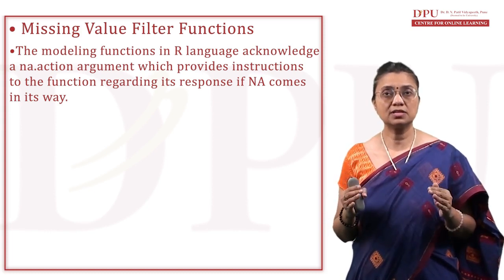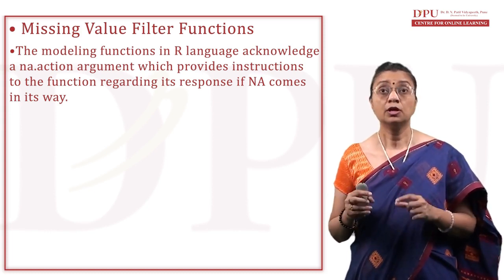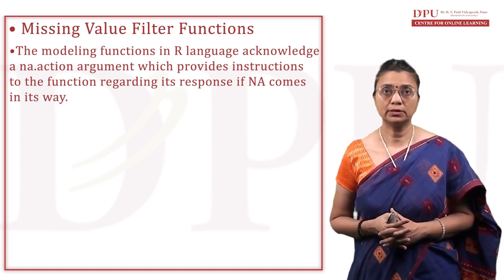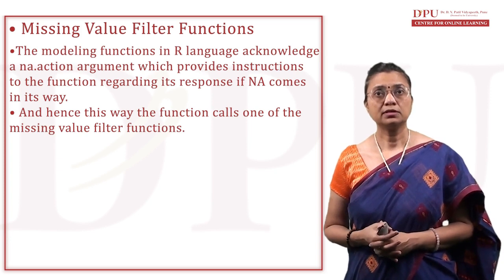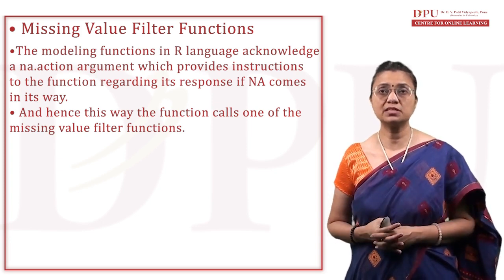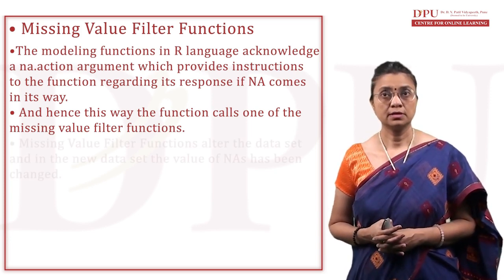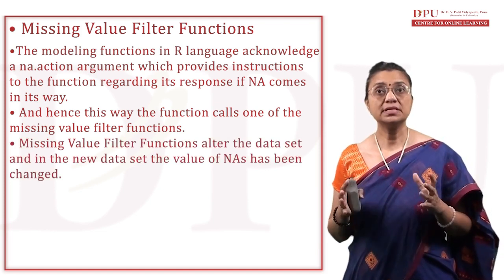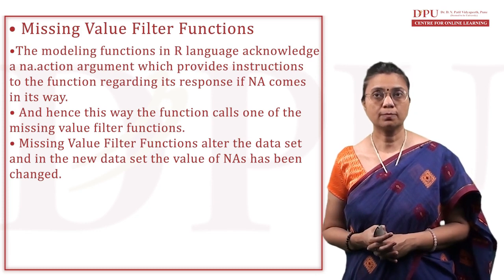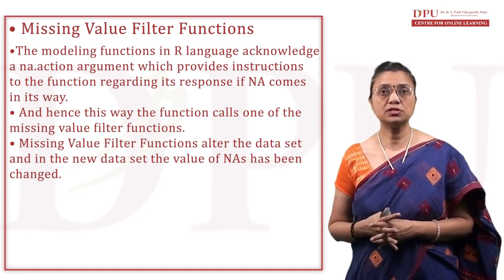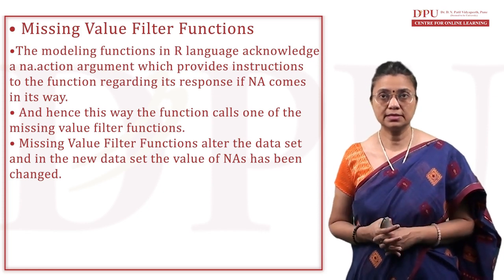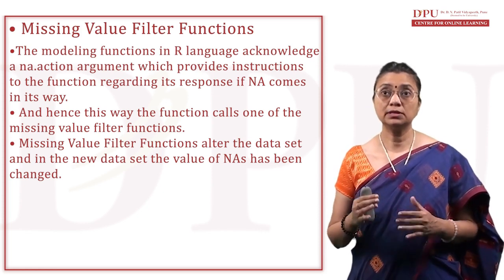Suppose not applicable is there. In that case, if that information is not there, then I will definitely go for the na.action argument. And hence, this way, the function calls one of the missing value filter functions. Missing value filter functions alter the data set, and in the new data set, the value of NA has been changed.